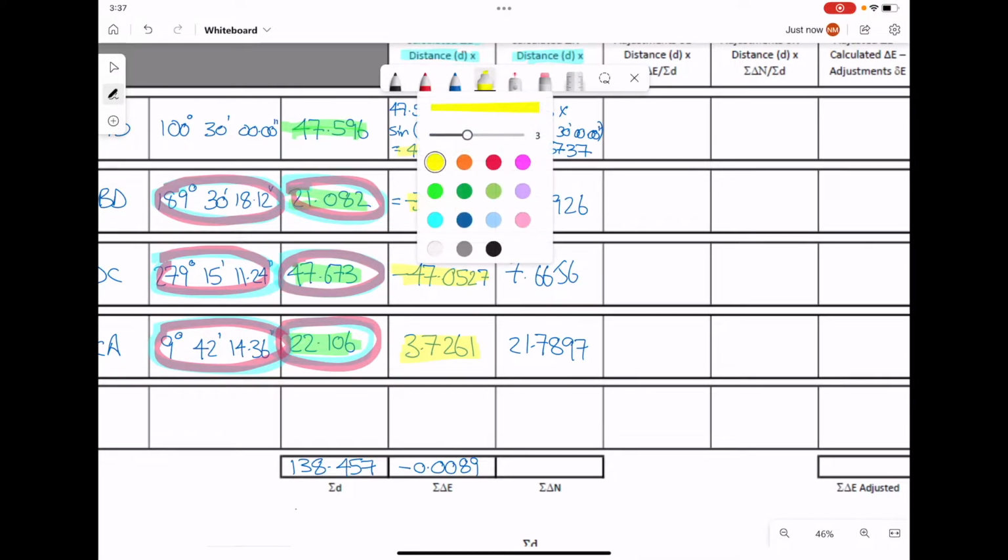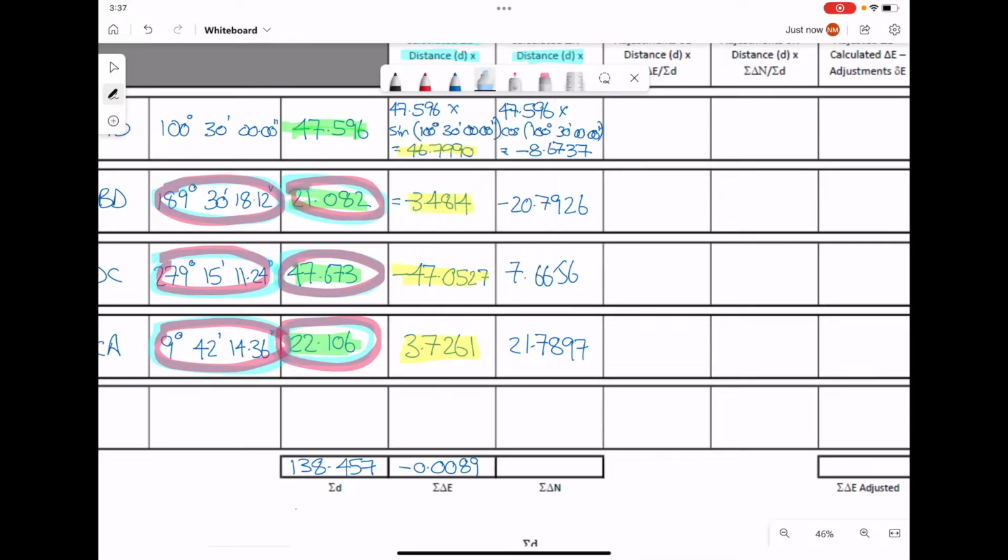And likewise for the total of the delta N's, we have 4 values. We're going to add these 4 values up and put the total in the sigma delta N cell.